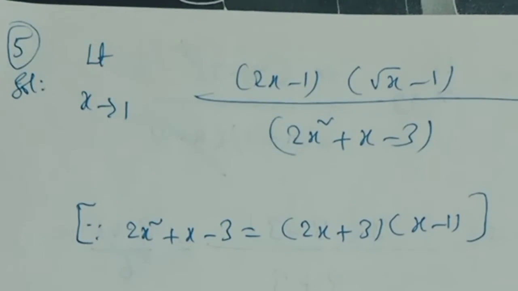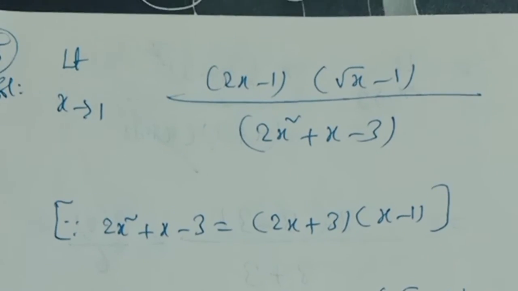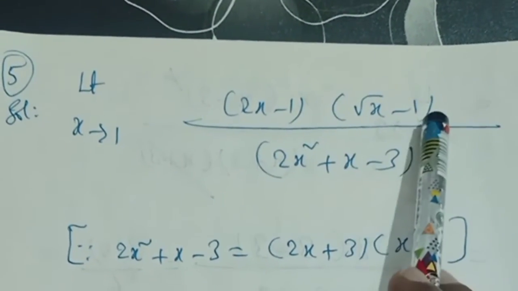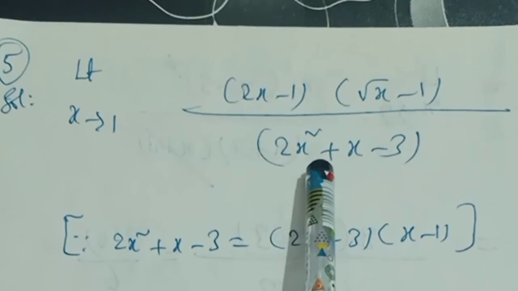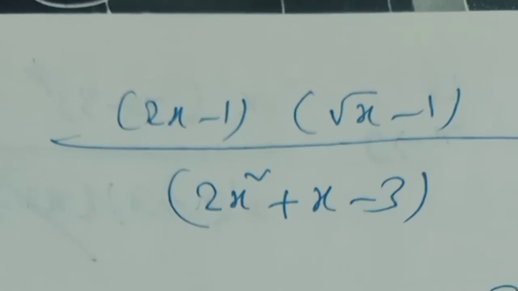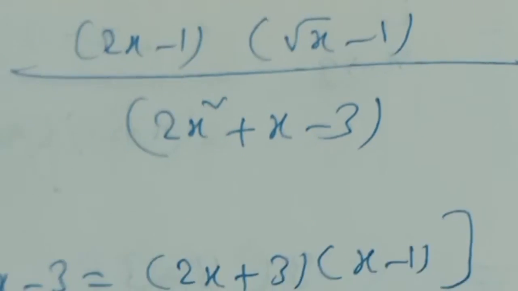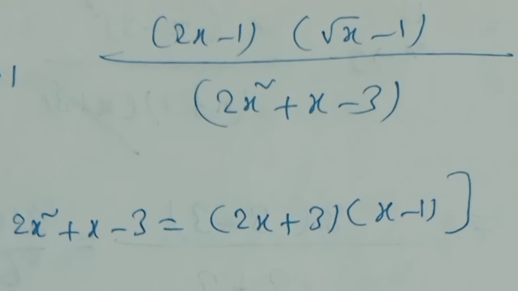Fifth sum: limit x tends to 1, 2x minus 1 into square root of x minus 1 by 2x square plus x minus 3. Here the numerator value is 2x minus 1 into square root of x minus 1, and the denominator value is 2x square plus x minus 3.